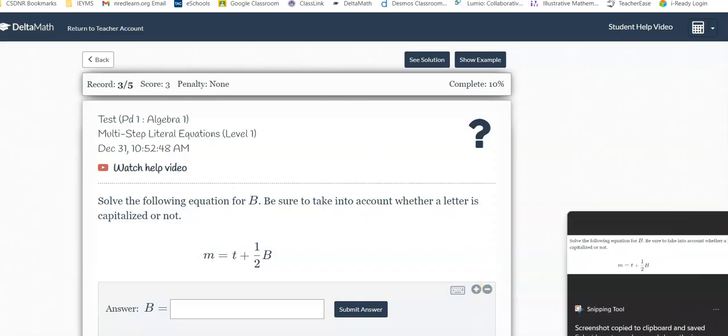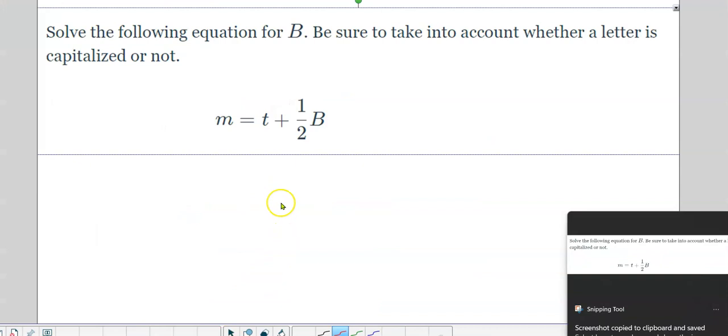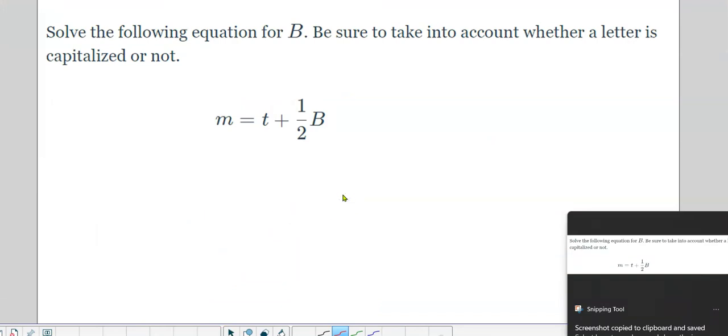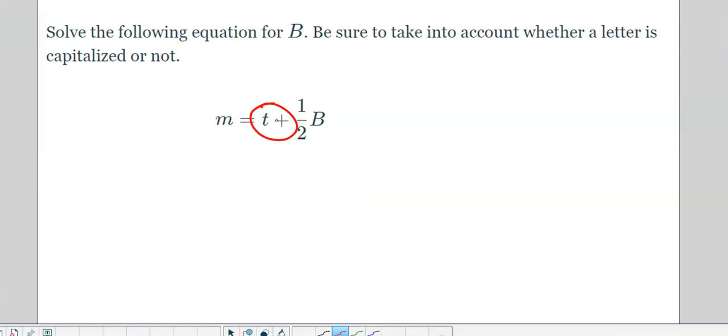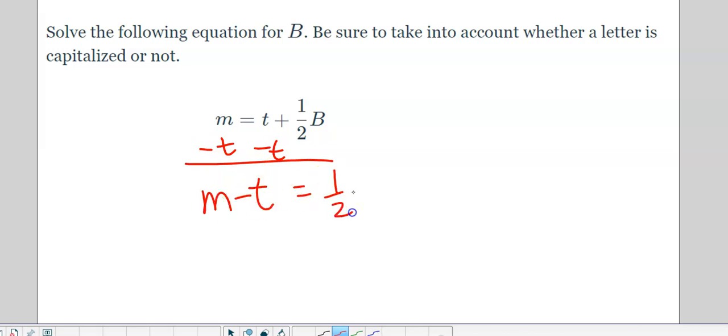Solve for B. And when we solve for B, we need to remove any item that is being added or subtracted first. So I'm going to subtract t from both sides. M minus t equals 1/2 b. And now I can clear my coefficient. So I'm going to multiply the entire side by 2 over 1.